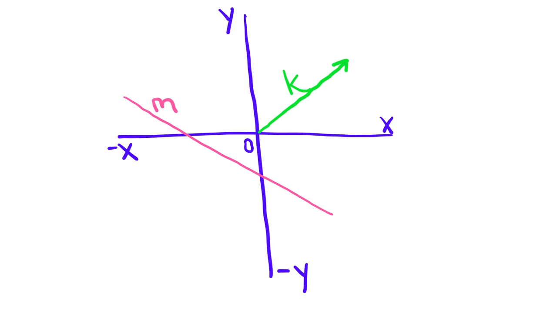Yeah, if the points are on the line, they should have the same Y over X value. Any point on a line should also give you the same M. What's the key difference between K and M? K runs through the origin, M does not.